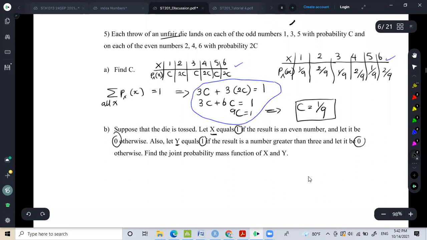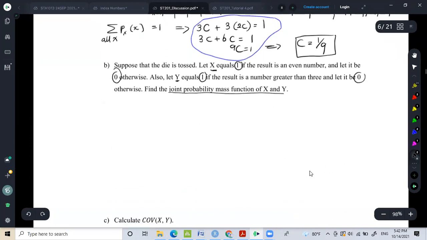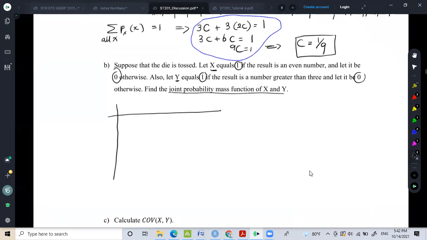So the question is to find the joint probability mass function of x and y. Joint PMF of x and y. When you have to find a joint PMF, you know it should be a 2D table, right? So let's say this is our x, this is our y. The possible values of x are either 1 or 0.